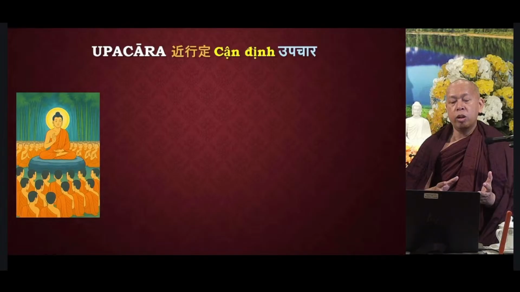Now we also have to understand that some metta is fake. As I mentioned, family love is also fake metta. Sometimes we also have real metta in the family.